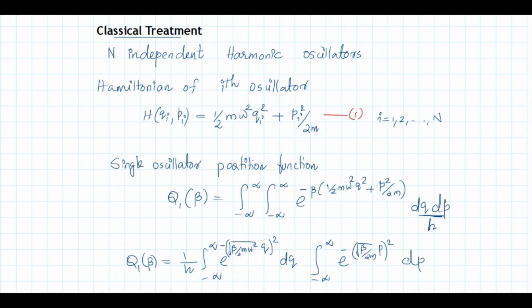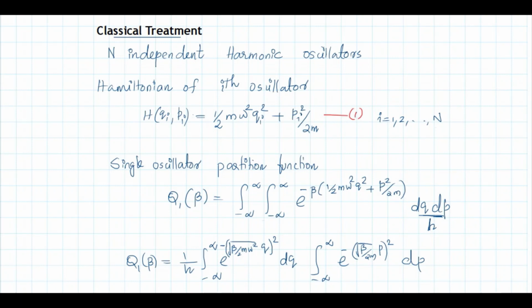Now we will calculate the single oscillator partition function, q1 of beta, equal to this. We will use the phase space concept, integral minus infinity to infinity, integral minus infinity to infinity, because the phase space of a single harmonic oscillator is two-dimensional. We have only two variables, q and p.